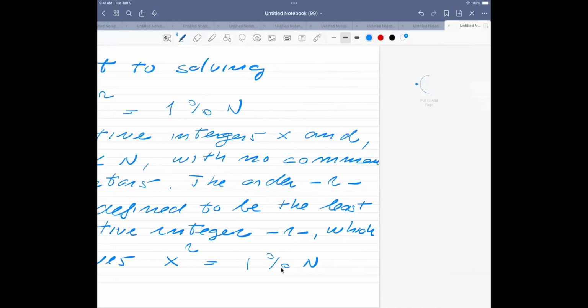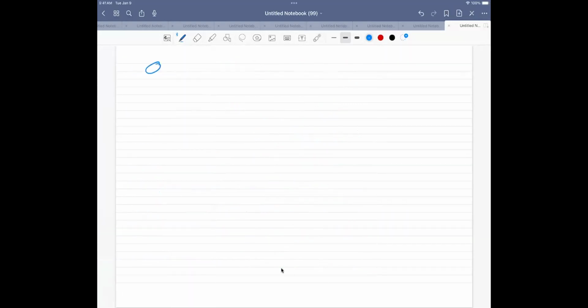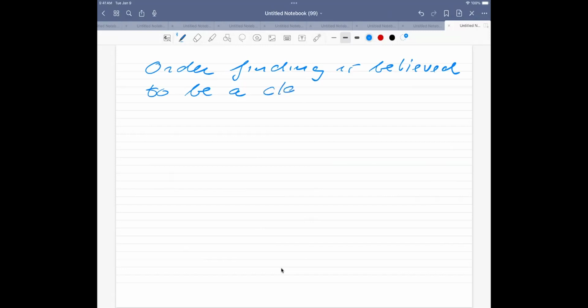So this order finding, and I will try to baby step you what that means, is believed to be a classically, if not intractable problem. I should say intractable here, but I'm going to put difficult problem.